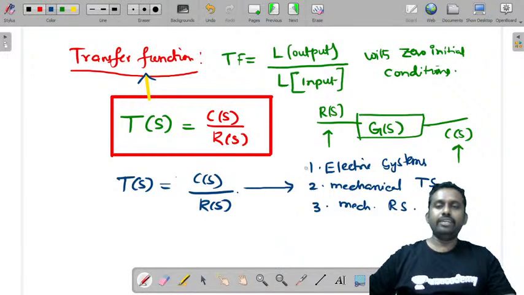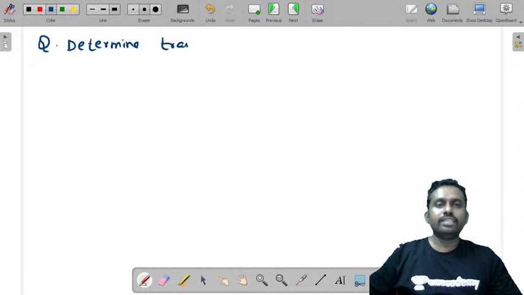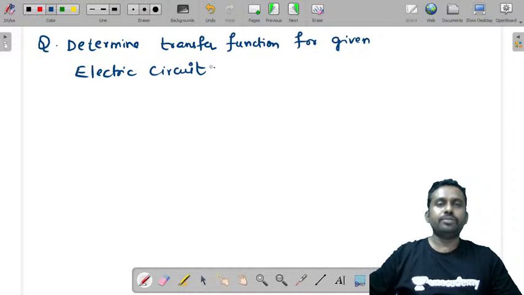Before getting into mechanical systems, I'll just take one example of an electrical system and try to tell you how to find it. There can be a question like this: determine the transfer function for the given electric circuit.